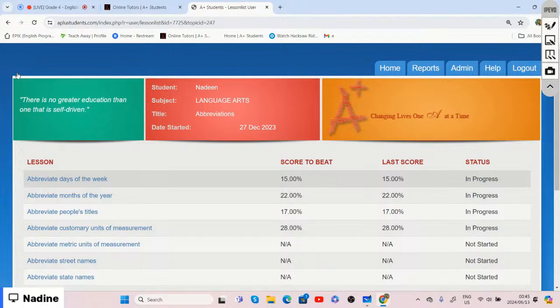When we abbreviate days of the week and months of the year, it's going to be the first three or four letters of those words. And with months of the year, if the words are already short, then we do not abbreviate those words.